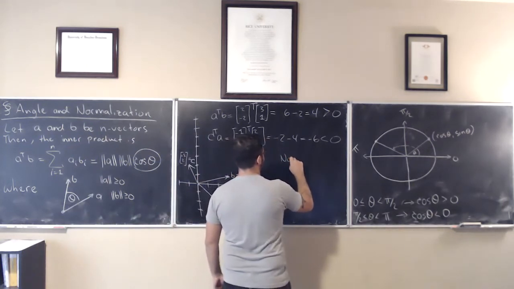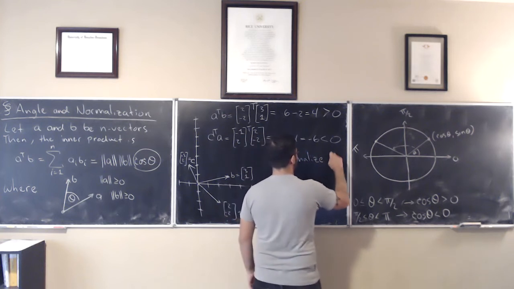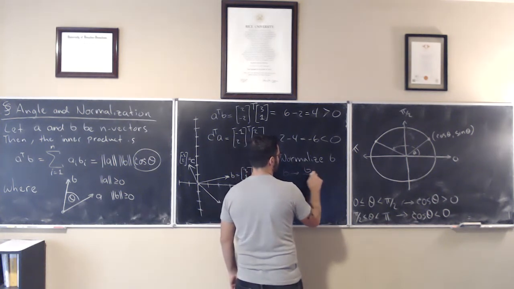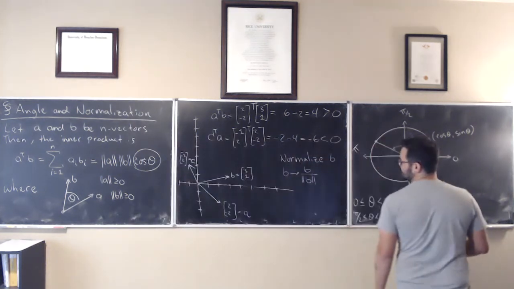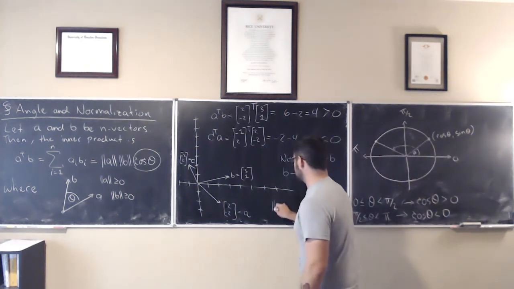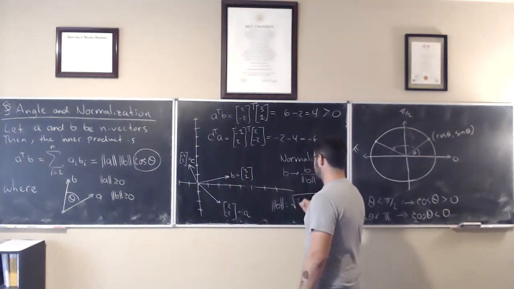So if we normalize B, we have B becomes B over the norm of B. So what is the norm of B? It's the square root of 3 squared plus 1 squared.